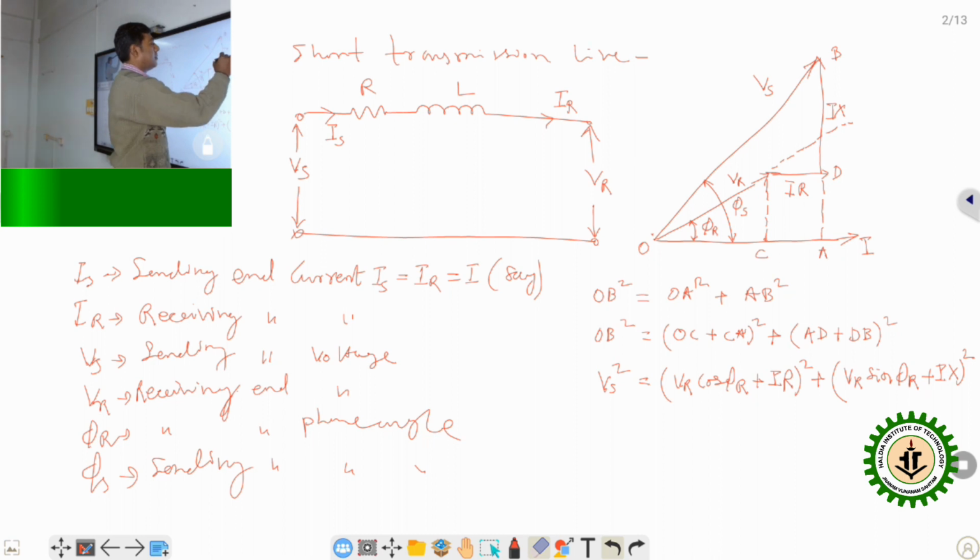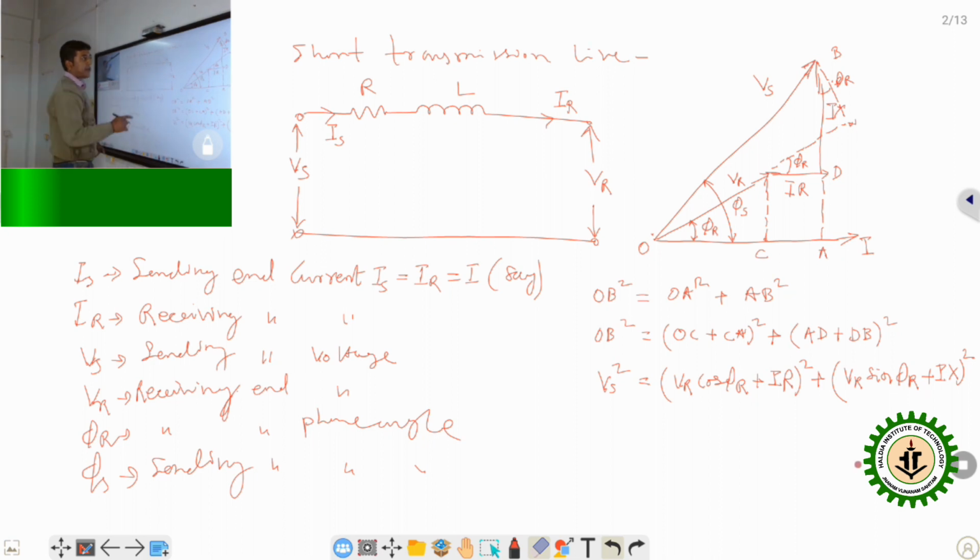This is this, and this is this. This is your phi, so here this angle will be phi. That means IR will create two components, and this angle also will be phi.